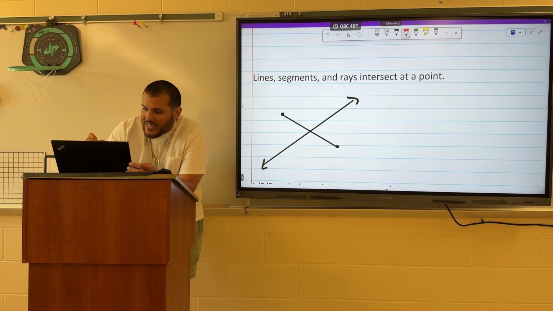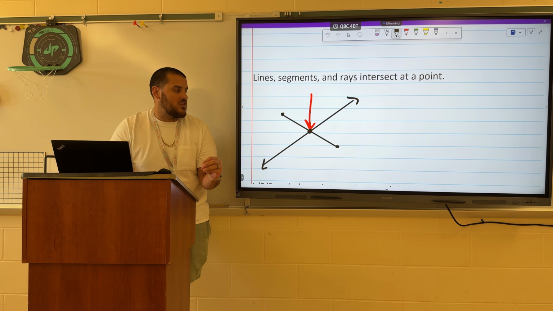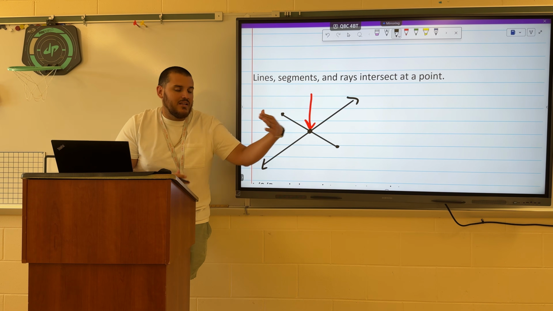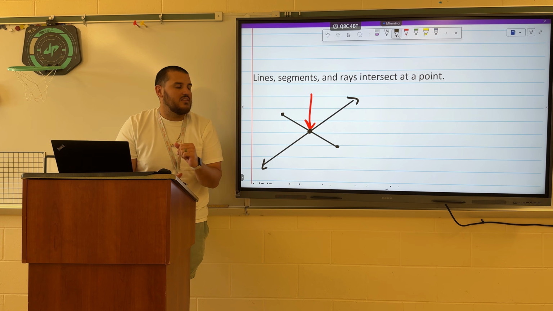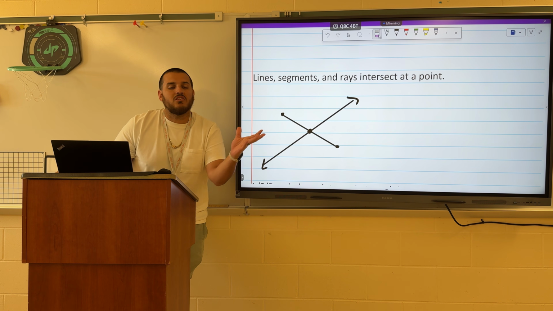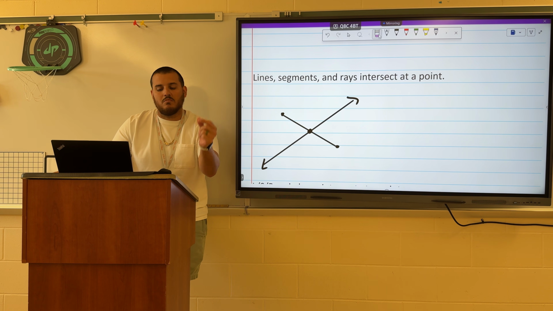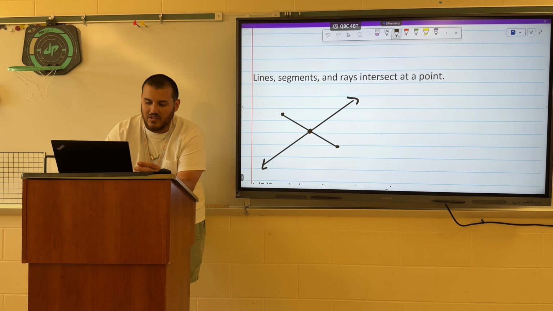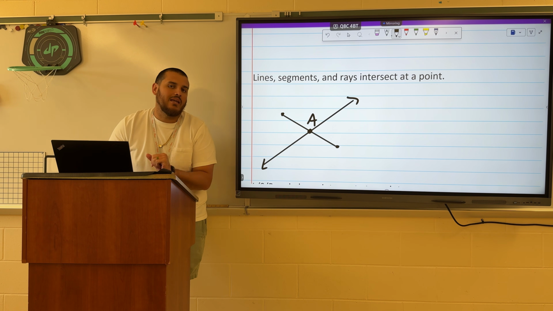And these things meet, they only touch right there at that location, which is a point. Remember, points are locations. So any of these things meet each other, they intersect at a single point. So you can be asked throughout geometry, hey, identify the intersection of this line and this ray, and you have to be able to name that. So the intersection of these two would be right there at point A.